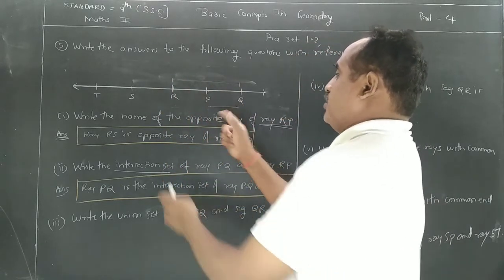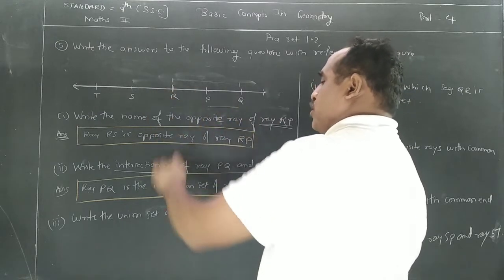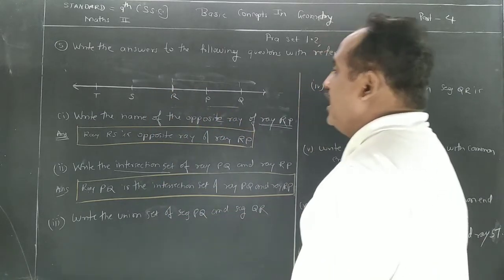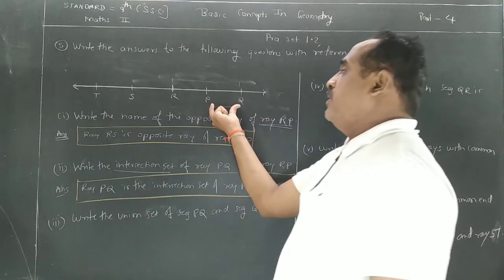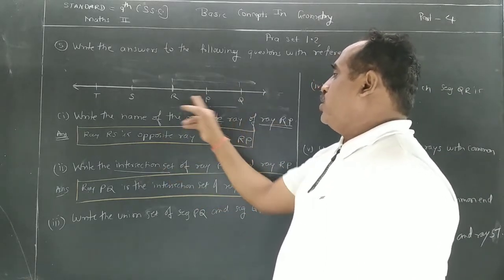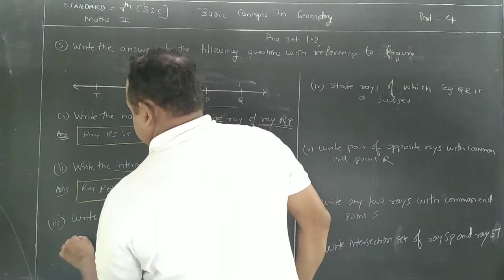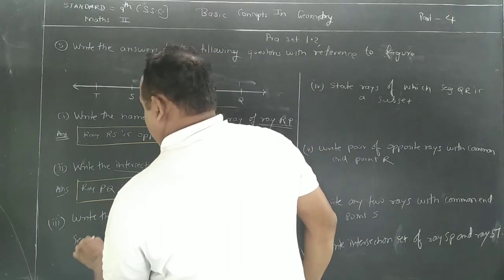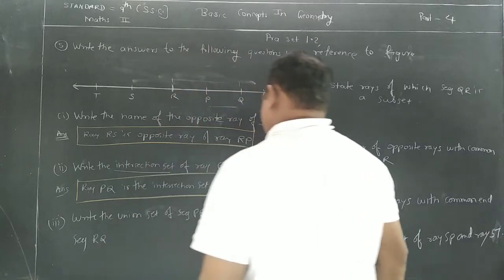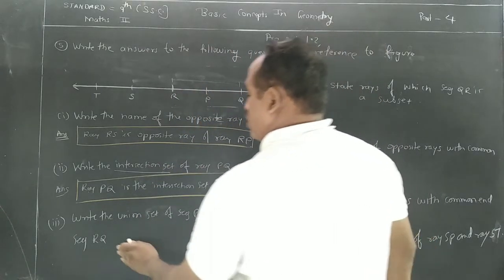PQ is only this much and segment QR is this much. If I combine both, the union set will be formed. After combining, this common term is not going to be repeated. So what is the union of that? The union will be segment RQ. I'll repeat, segment QR.